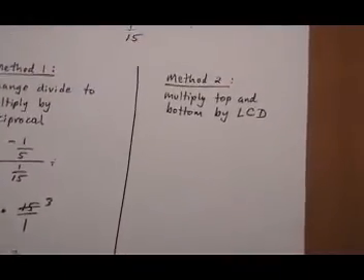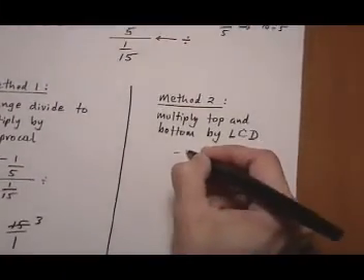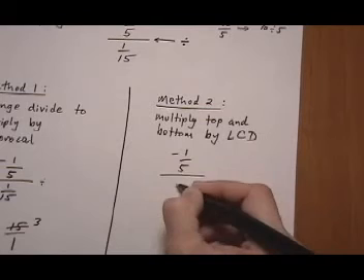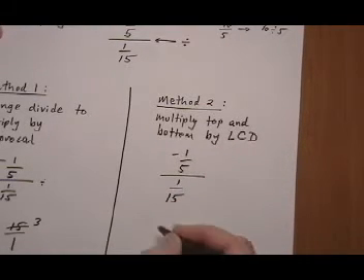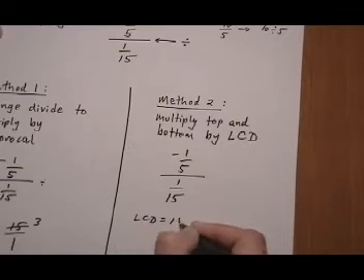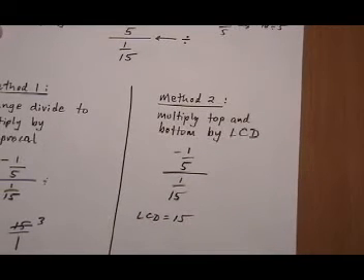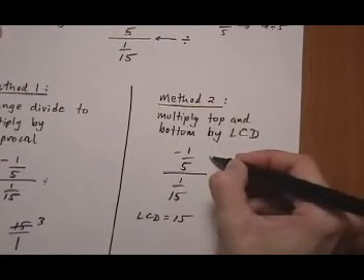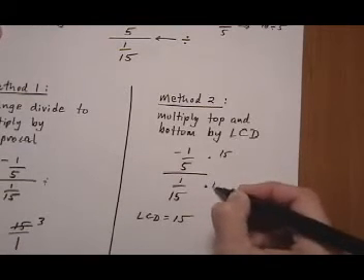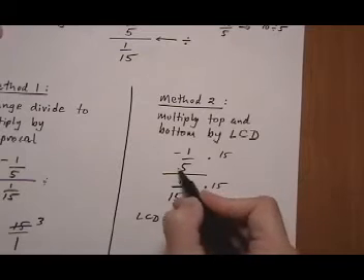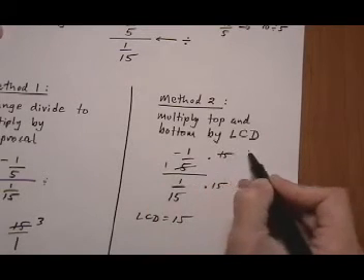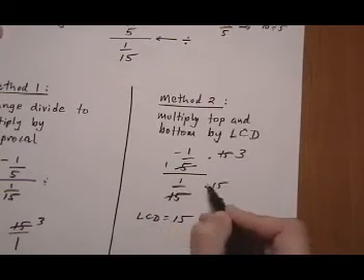Method 2. Let's do the exact same problem. Minus 1/5 over 1 over 15. The LCD of 5 and 15 is 15. So I'm going to multiply the top by 15 and the bottom by 15. Then I cancel. Divide by 5, divide by 5, divide by 15.